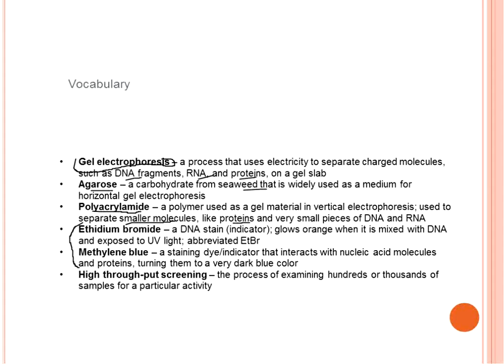Ethidium bromide and methylene blue, those are dyes that are used to stain DNA. Ethidium bromide makes the DNA visible under UV light. Methylene blue is visible in regular light, but it's less effective. We didn't talk about high throughput screening. Don't worry about that.